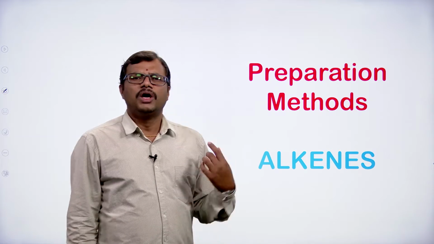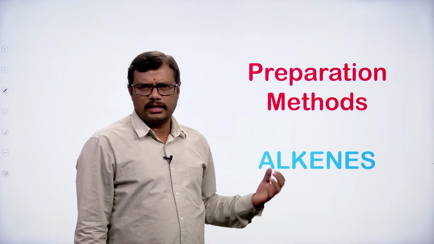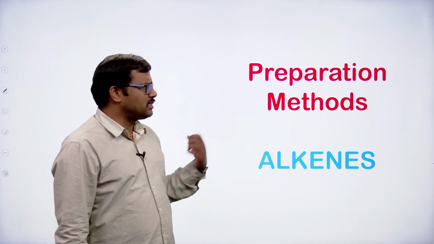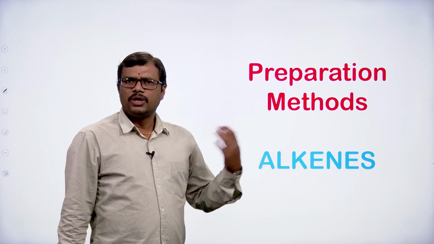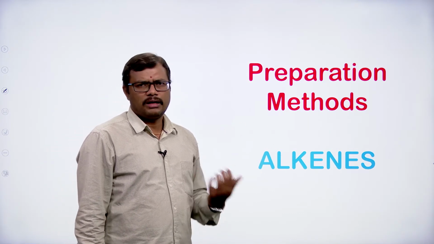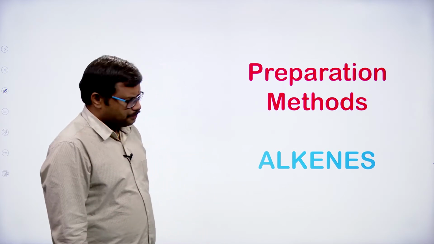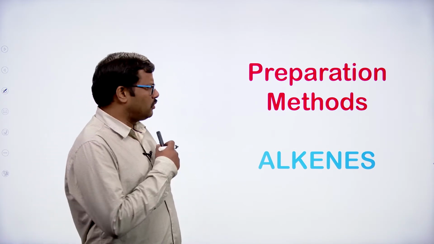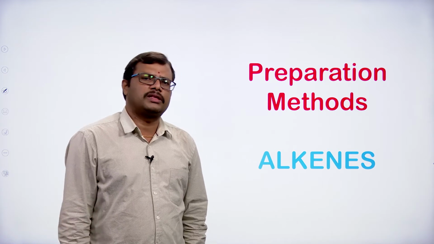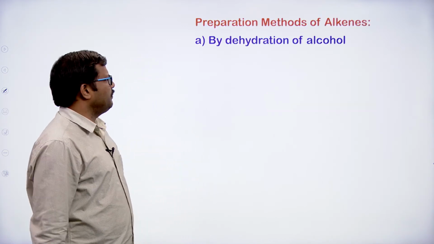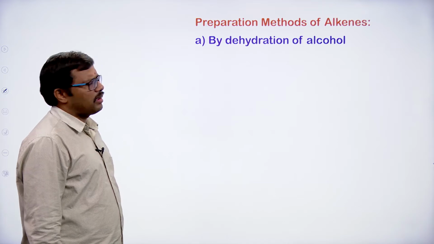Because of the variety of uses of alkene compounds, we have to look for methods of preparing these compounds in the laboratory using fewer steps and giving more yield of the alkene. In this topic we are going to focus on the different methods available for the synthesis of alkenes. Let us start with the first one, the dehydration of alcohol.